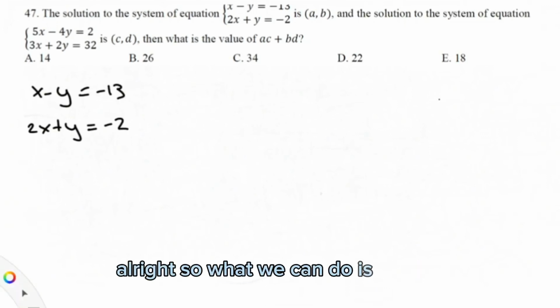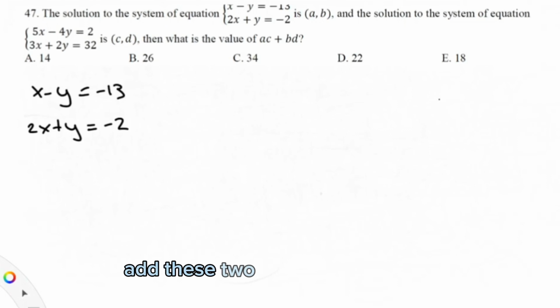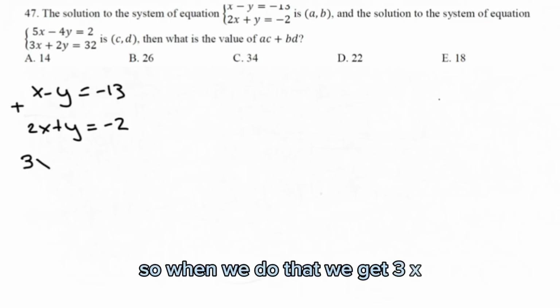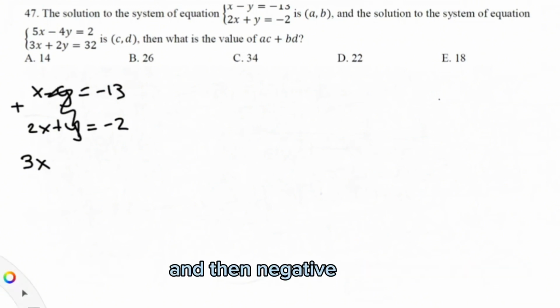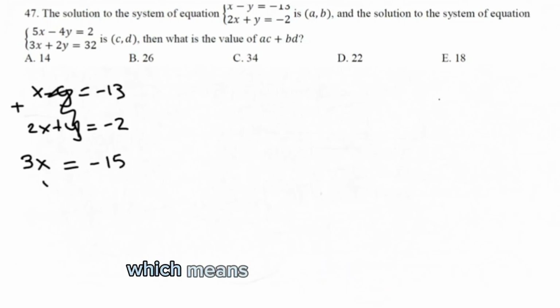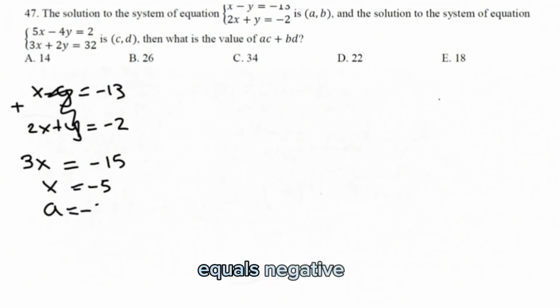Alright, so what we can do is add these two equations together. When we do that, we get 3x, and then the negative y and positive y cancel out, and then negative 13 minus 2, which is negative 15. So 3x equals negative 15, which means x equals negative 5. So x is our a value, so that means a equals negative 5.